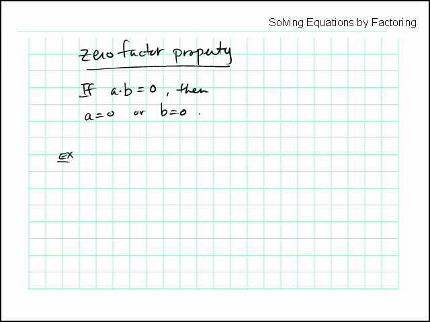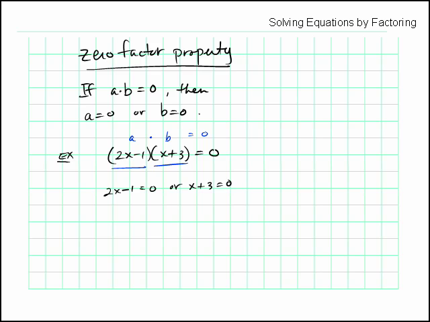Now, how do we use this to solve an equation? Well, let's say we have something like 2x minus 1 times x plus 3 equals 0. I can use this zero factor property. This is like my a, and this is like my b, and it equals 0. So, according to the property, 2x minus 1 has to equal 0, or x plus 3 has to equal 0.